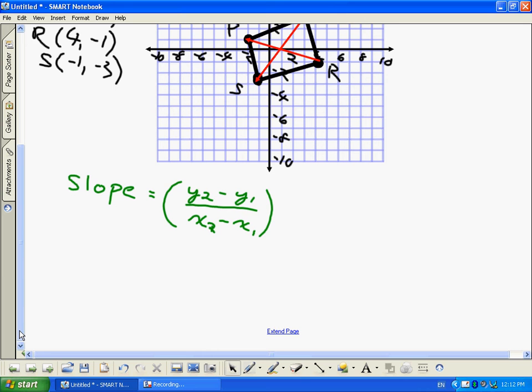We're going to name our lines just so we know what we're dealing with for each. Our first one is line PR, let's call it. There's line segment PR. So we're going to deal with that one. That'll be in our blue. So I'll write the formula once again underneath.